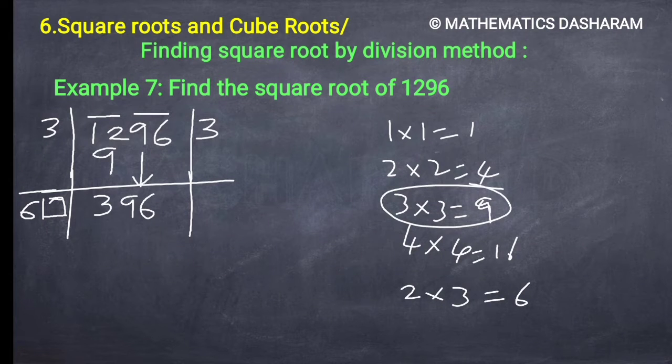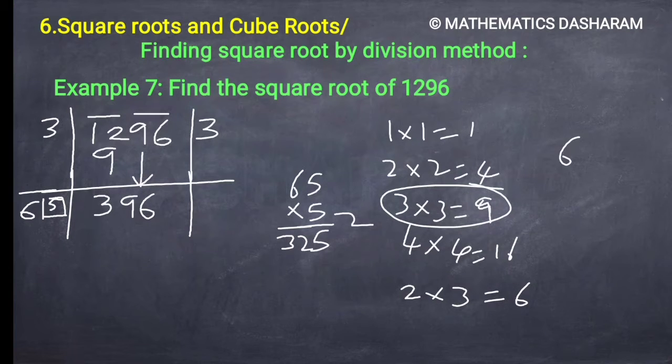Next digit is 5. 65 into 5, 5 5s are 25, 5 6s are 30, 30 plus 2, 32. Maybe it is nearest to 396. Anyhow, let's verify with another digit. Next digit is 6, so 66 into 6, 6 6s are 36, 3 carry, 6 6s are 36 plus 3 is 39. So here we got the exact answer.